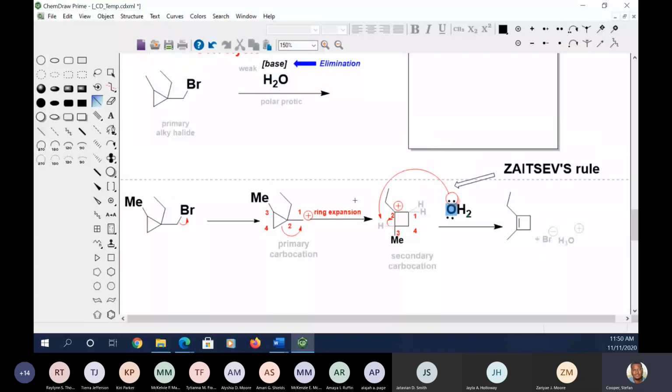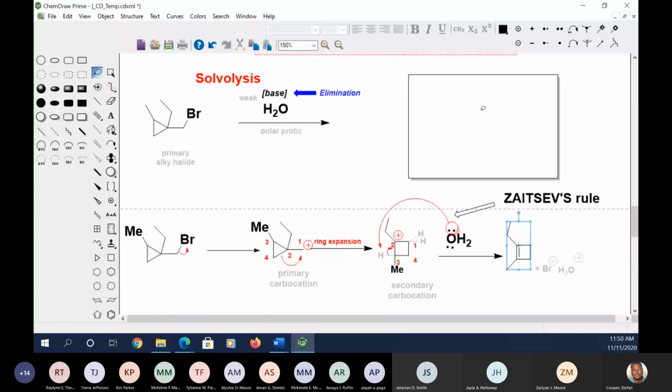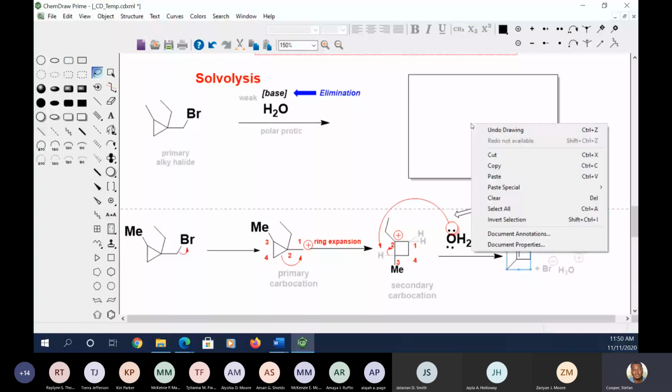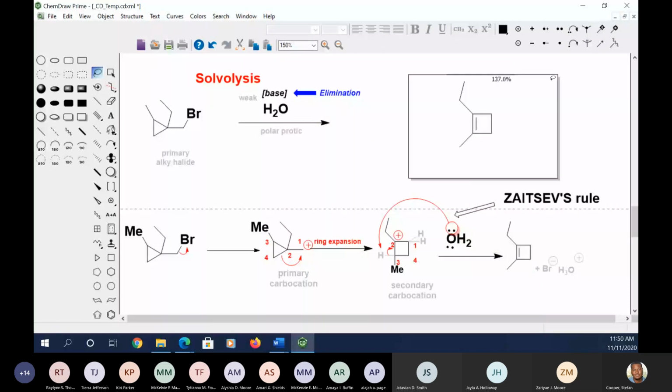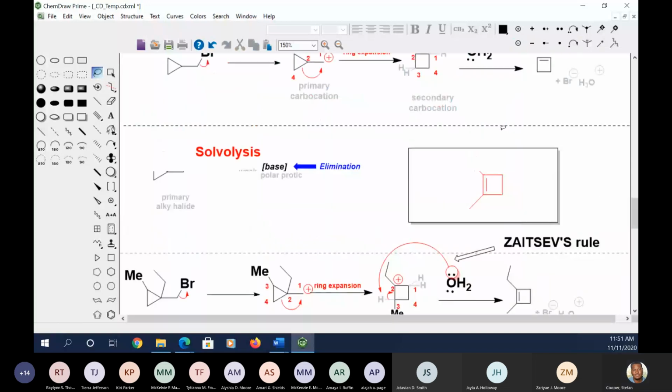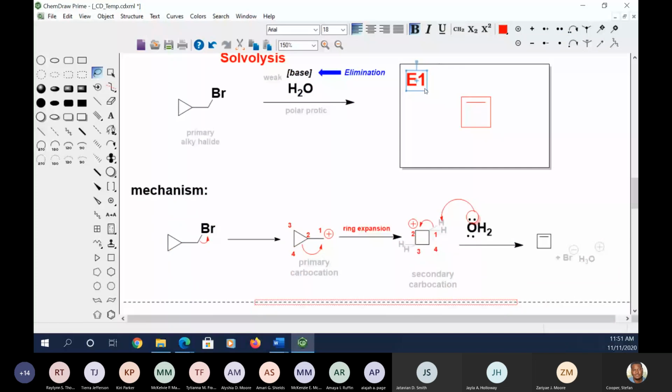So my final product for this reaction is going to be this compound. And again, this is also the E1 process, right? So are we getting somewhat comfortable with this?